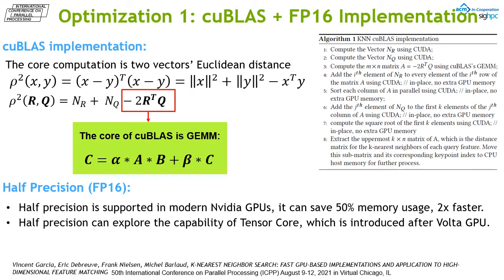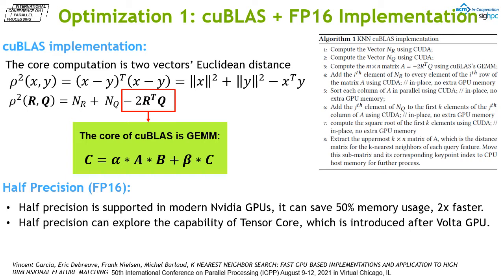The first optimization is to convert the pairwise distance calculation to a cuBLAS implementation, as discussed by Vincent. The GEMM in the cuBLAS library has been well optimized by NVIDIA.